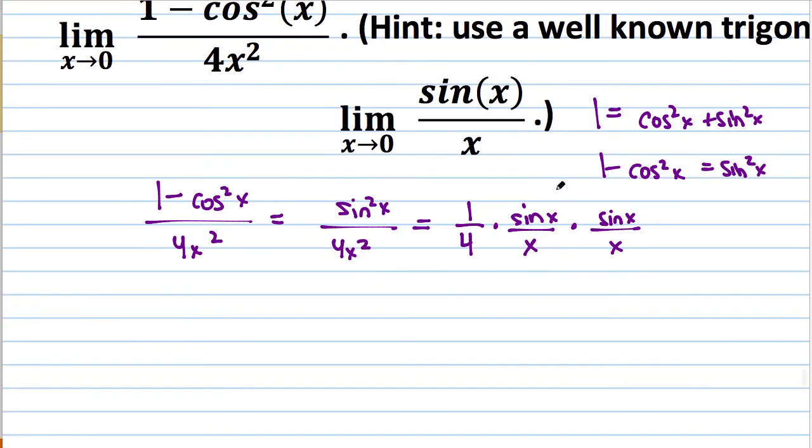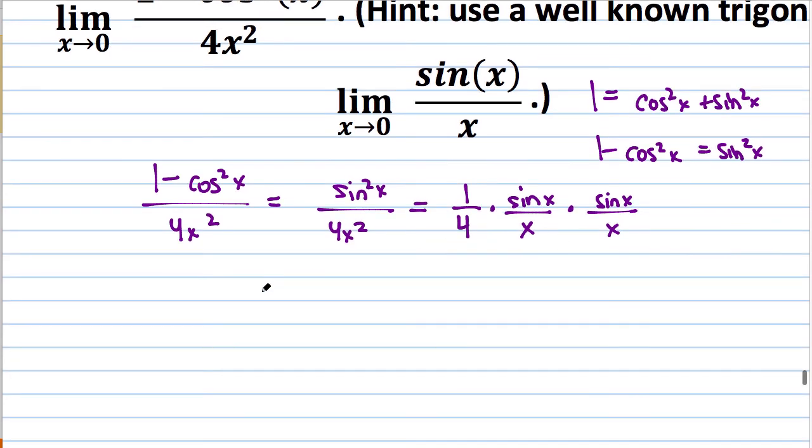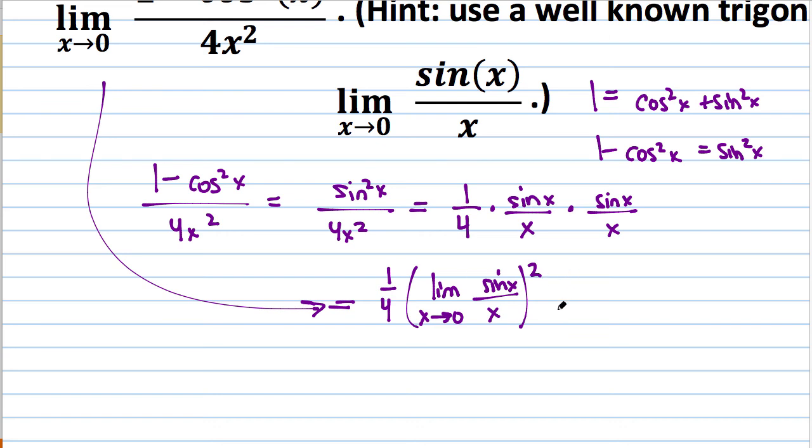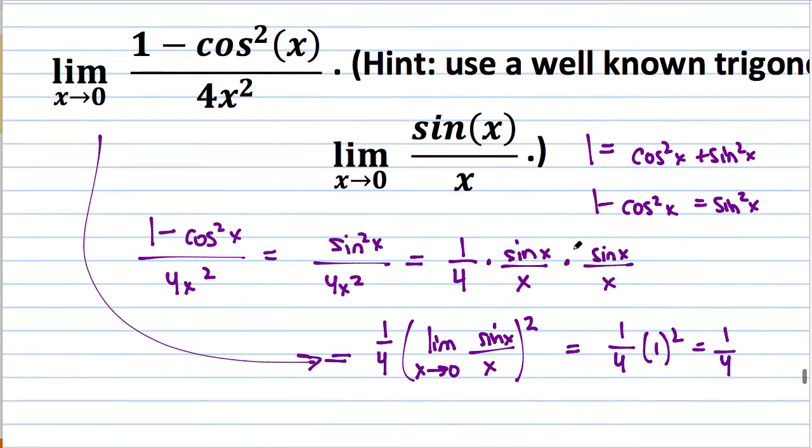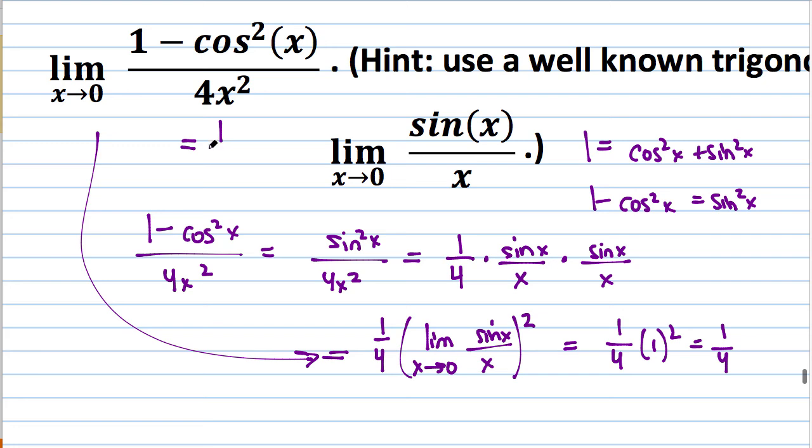Since each one of these is 1, I can say that the limit of this whole function is the same as the limit as x approaches 0 of sine x over x squared times 1/4. Since this limit right here is 1, this is just 1/4 times 1 squared, or 1/4. So our limit, which I'll just write here, is actually just 1/4.